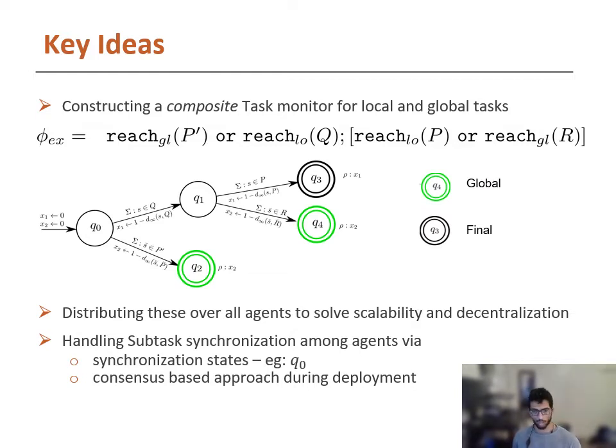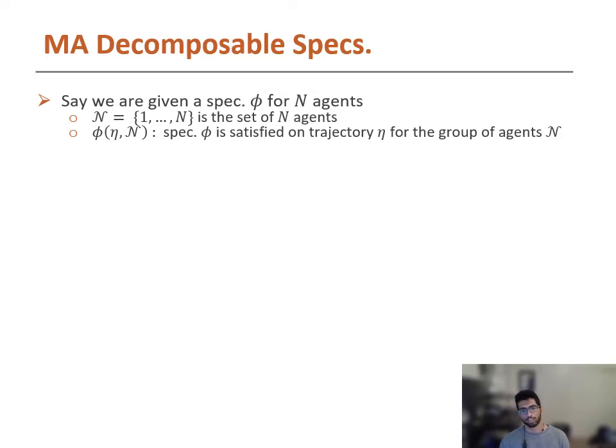One more thing we can do with these specs is find certain specifications that are amenable to a type of scaling, which we call MA decomposable specification. So here consider n agents, where phi, eta, comma n means that phi is satisfied for these n agents on a trajectory eta.